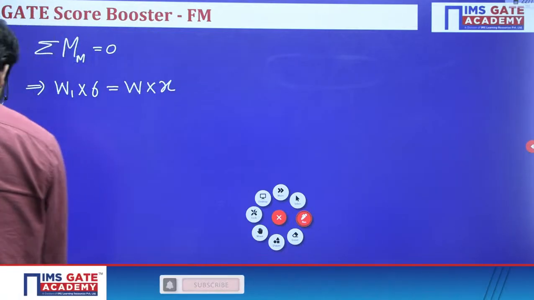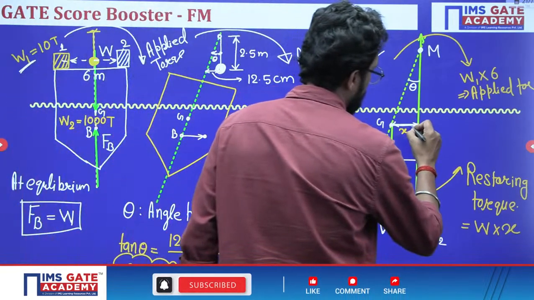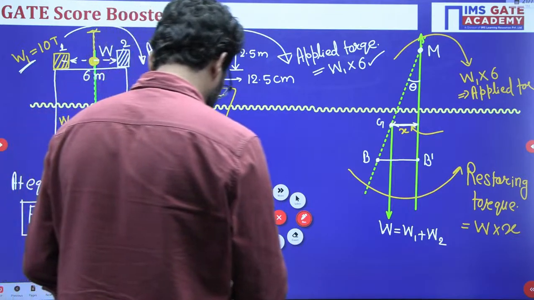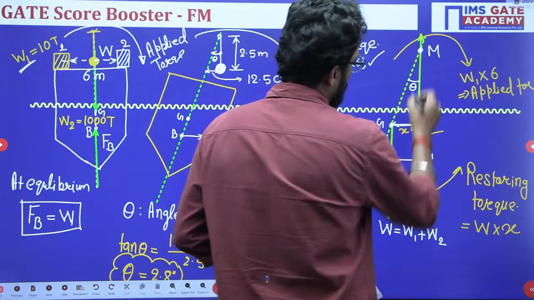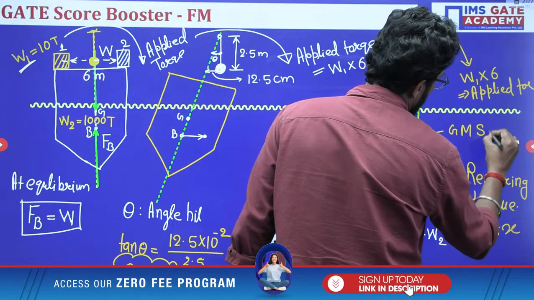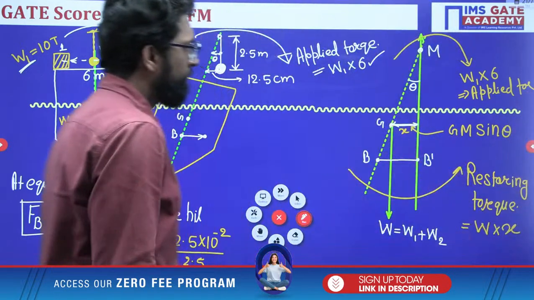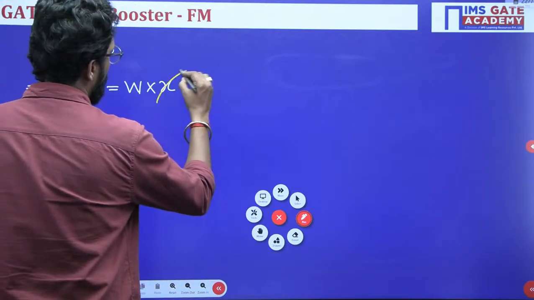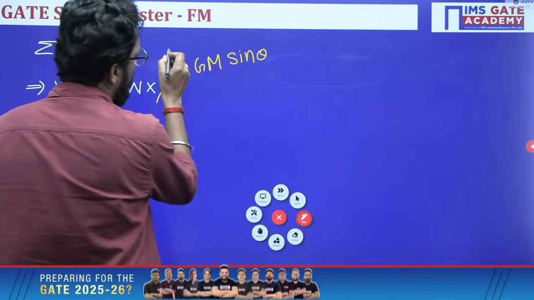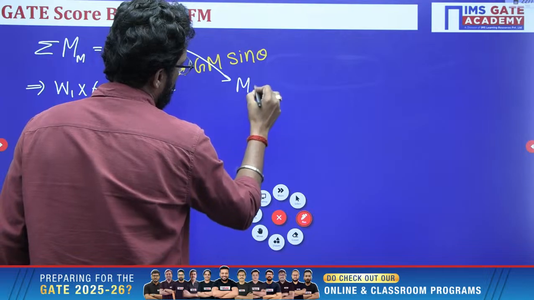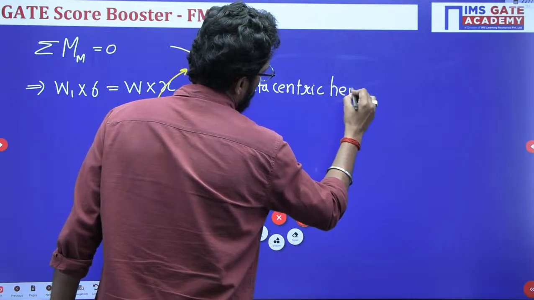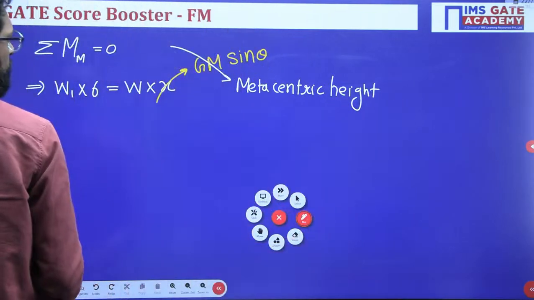What is X, my dear? Please tell me. This X is GM sin theta. And GM is the metacentric height.